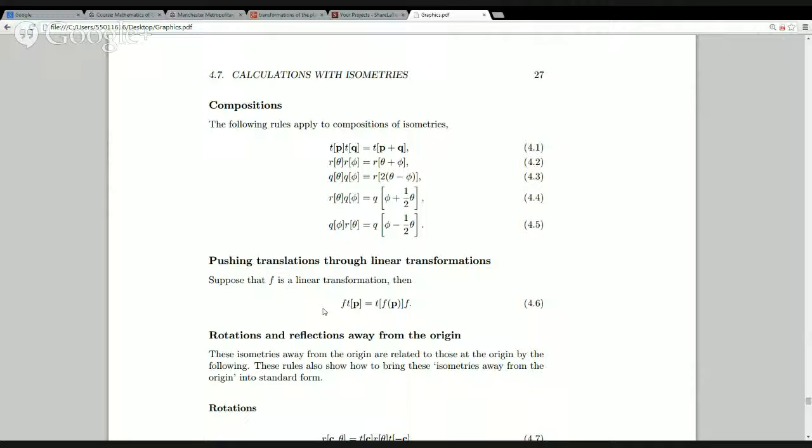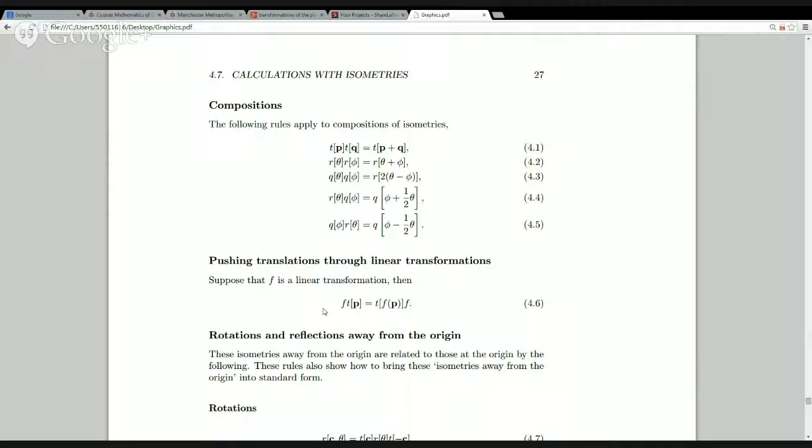Compositions of reflections take a bit more of an explanation and a sitting down with diagrams and plotting things out to see this. But if you reflect in the line with an angle phi, and you follow that up by reflection in the line with an angle theta, well, when you do two reflections, the result is a rotation.